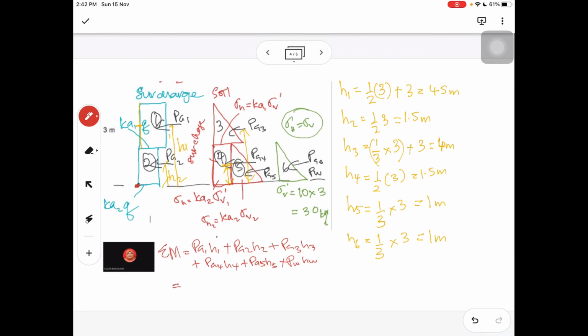Okay, so finally the moment is 311.58 kilonewton meter per meter.